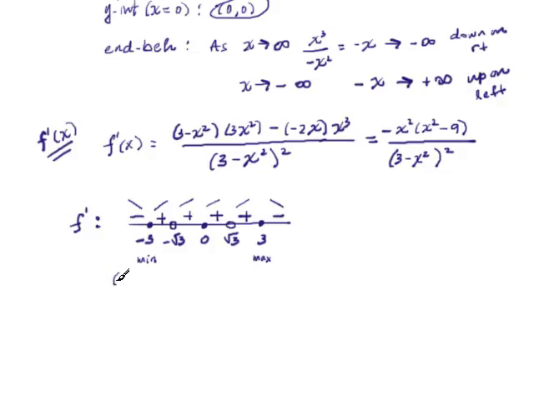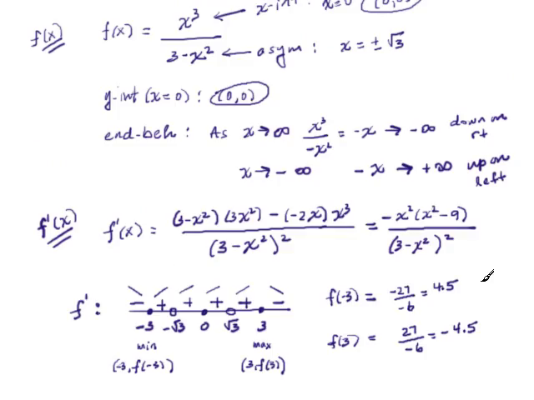So we have a min at minus 3, f of minus 3, and a max at 3, f of 3. Okay, so here we have f of minus 3, that's 4.5, and f of 3 is minus 4.5. So the min is minus 3, 4.5, and the max is 3, minus 4.5.